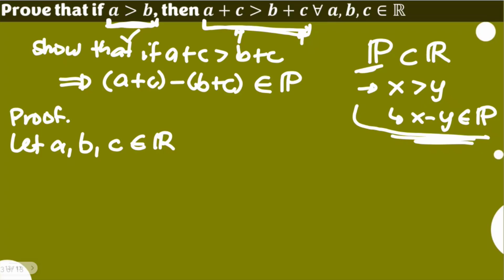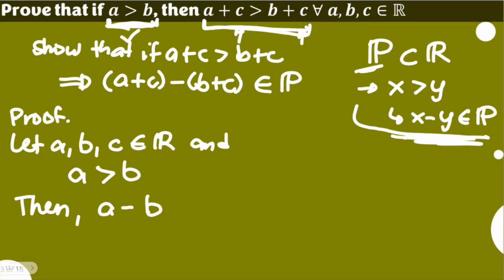We are also going to claim that A is greater than B, because this must be part of our assumption before we can go to other operations. So if we have this, then by definition, if A is greater than B, we can say that A minus B is an element of the set of positive real numbers, because that's the definition.